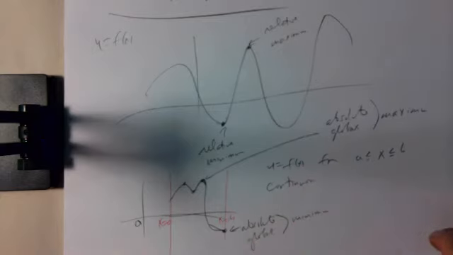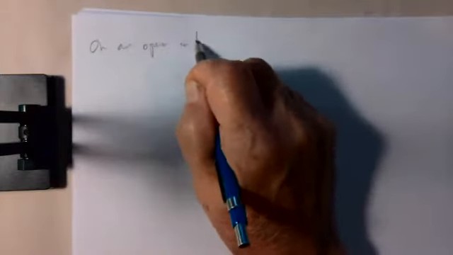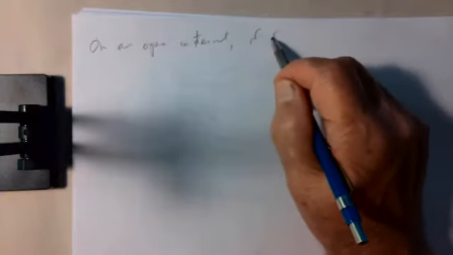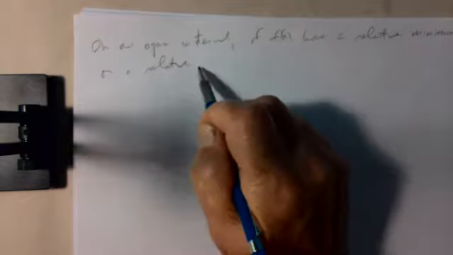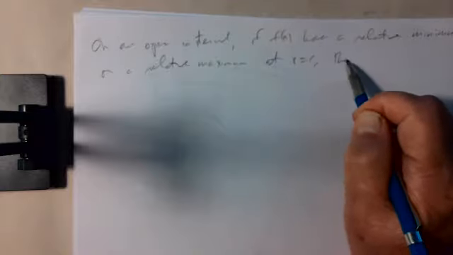And to summarize what was in the lecture: on an open interval, for a function which is differentiable, if f of x has a relative minimum or a relative maximum at the point x equals c, then the derivative at c is 0.